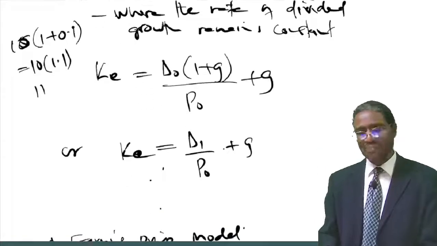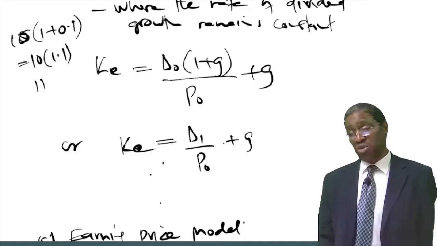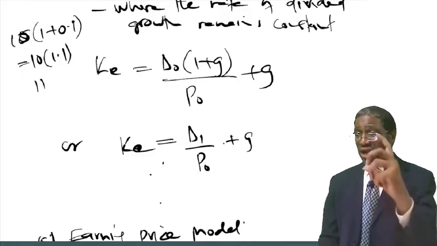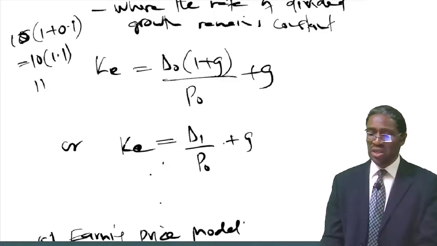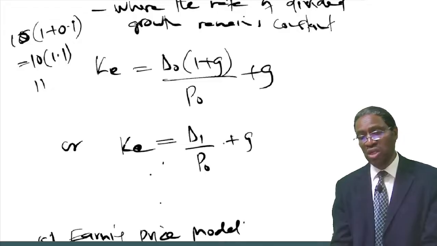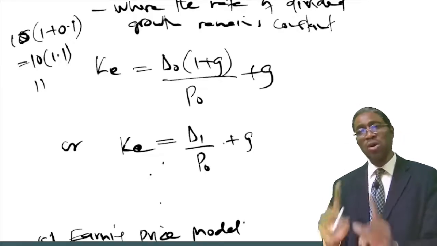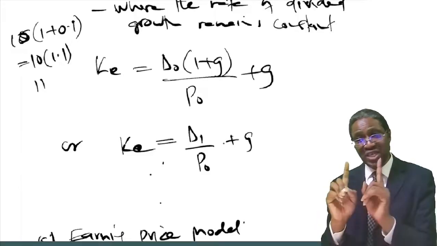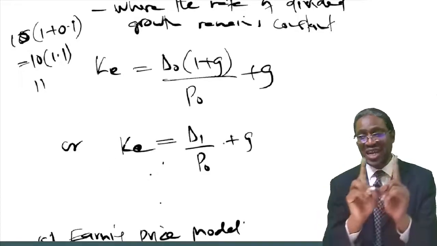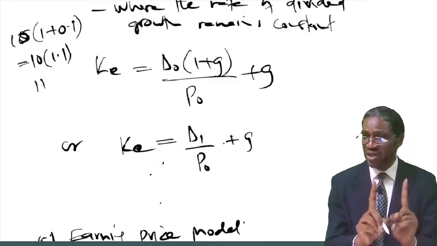Good. I've said under the dividend growth model, you get the cost of ordinary shares, KE, by taking D0 into 1 plus g, everything divided by P0 plus g. I have said D0 represents what? The last dividend paid. Are you there? Good.